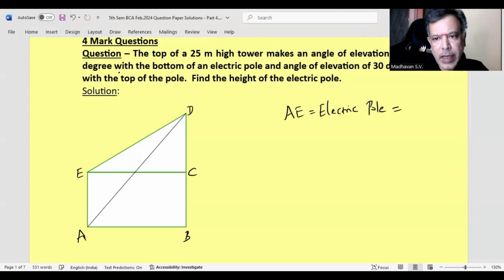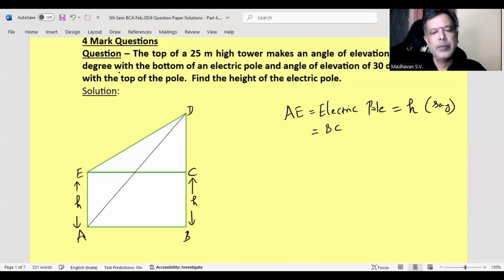We will consider the height as h, which means this one is h and this is also h. So we can say AE is the same as BC.